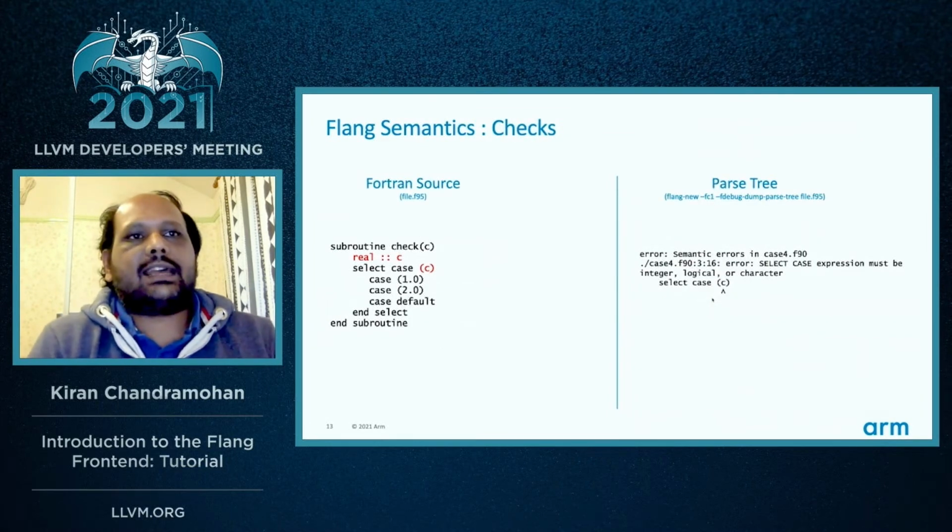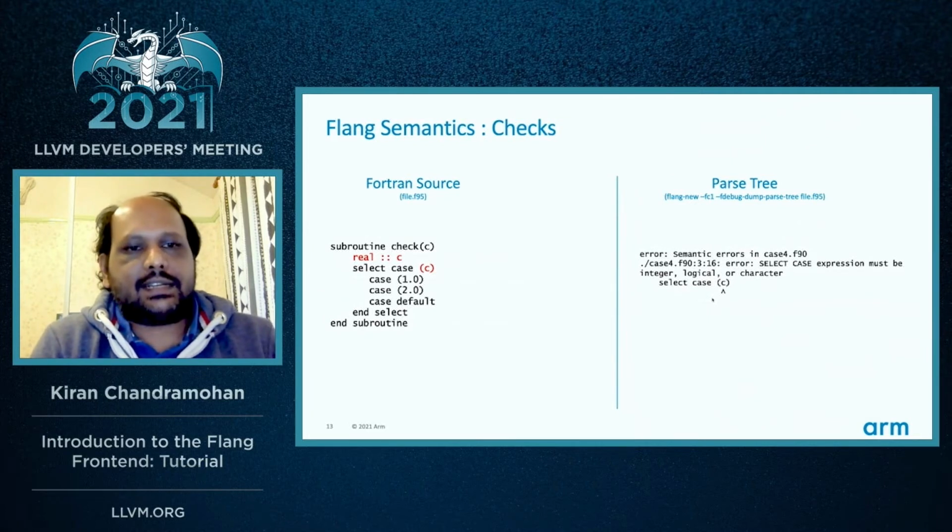So the first example I have here on the left-hand side shows a subroutine. It has a select case statement, which is in some ways like the switch statement. And in this program, I have erroneously given a case, and in that case, I have passed in a real operand.